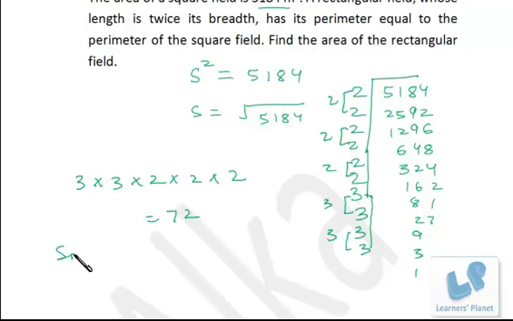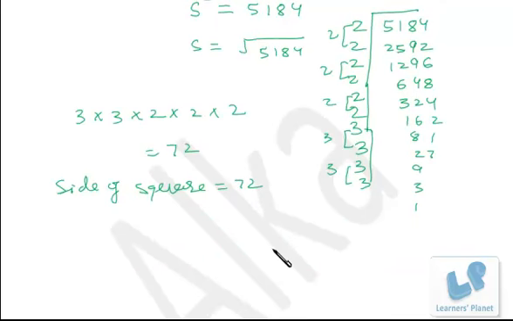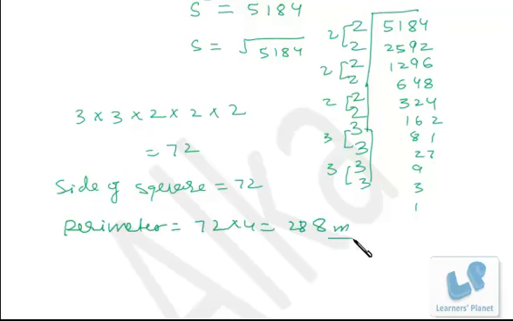So the perimeter of the square will be 72 into 4.